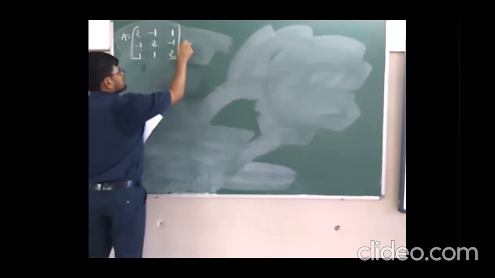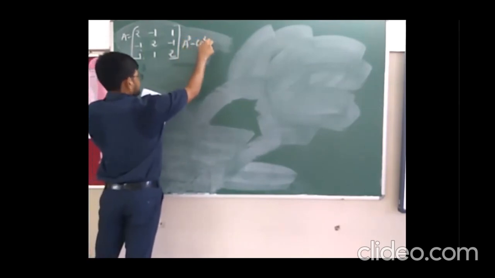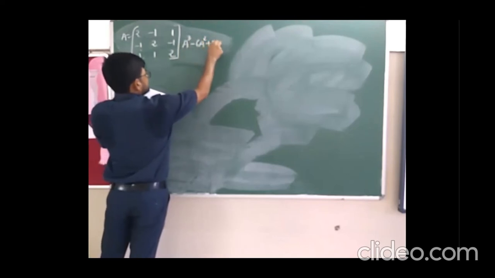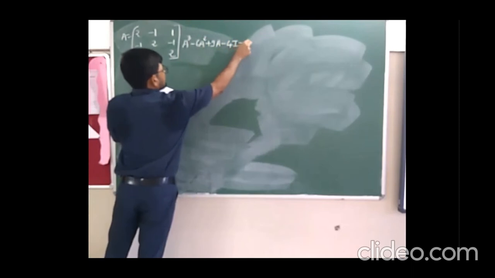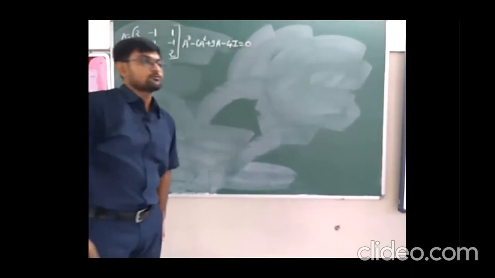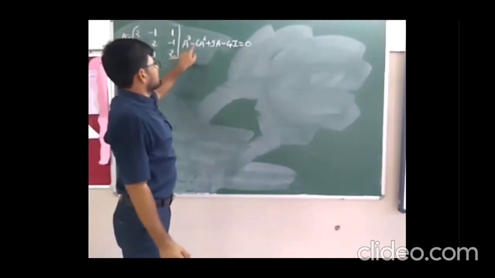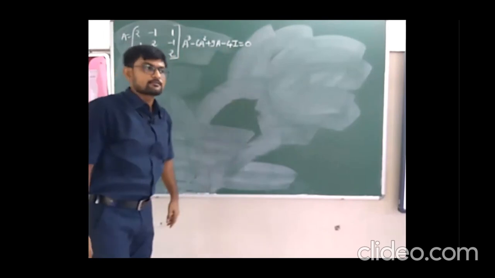So we have given a matrix A. Now what we have to find? A cube minus 6a square plus 9a minus 4i, and we have to prove that is equal to 0. So we have to prove that a cube minus 6a square plus 9a minus 4i is equal to 0.